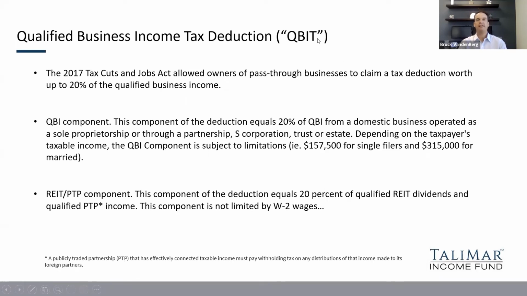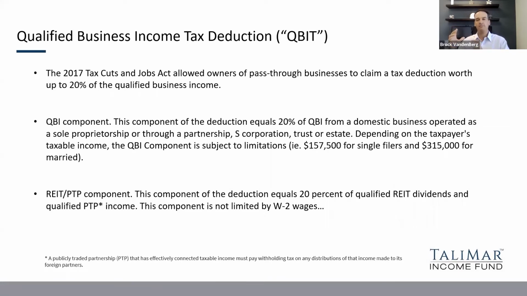So one of the tax advantages of investing in a mortgage fund that has a REIT component is QBI. Okay, that's also known as the Qualified Business Income Tax Deduction. So in the 2017 Tax Cuts and Jobs Act, they created a tax deduction up to 20% of qualified business income for owners of LLCs, S corps, trusts, and estates.